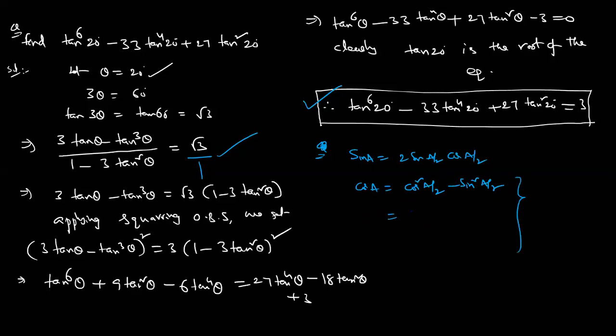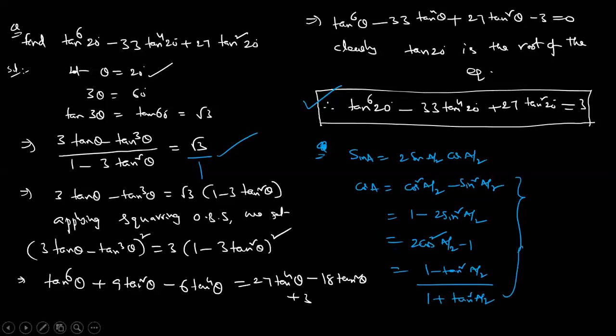Submultiple angles. Or 1 minus 2 sin square A by 2, or 1 minus tan square A by 2 by 1 plus tan square A by 2. So based on this one, I'm giving one question. Write down.